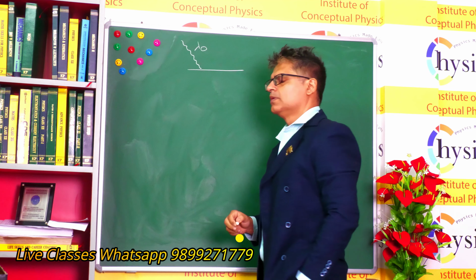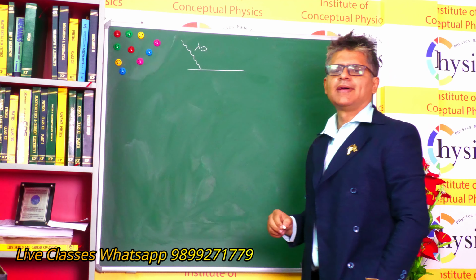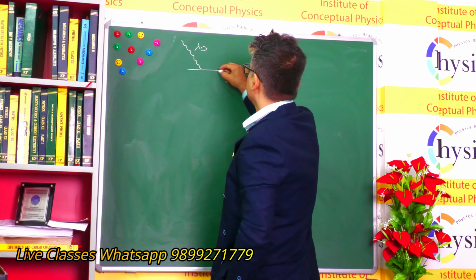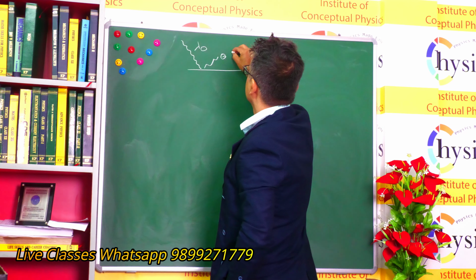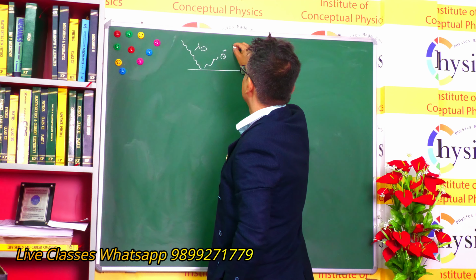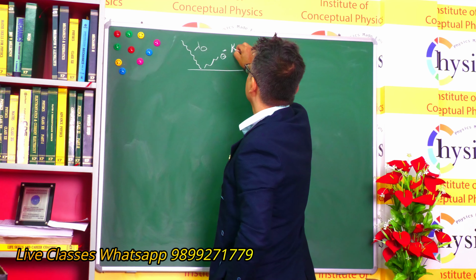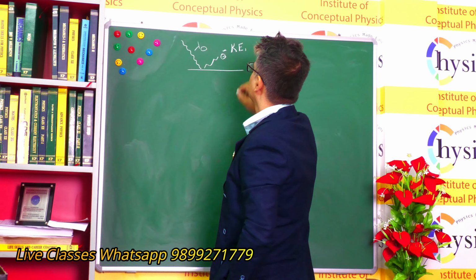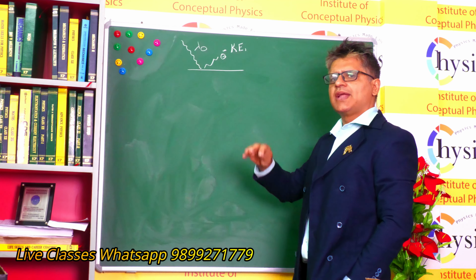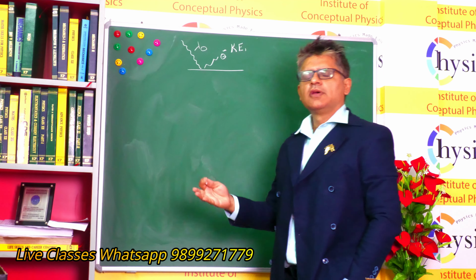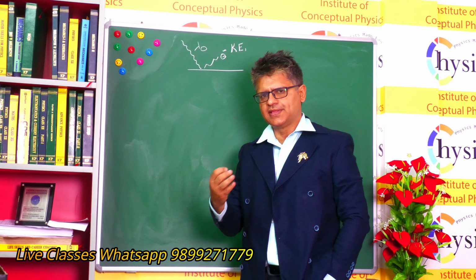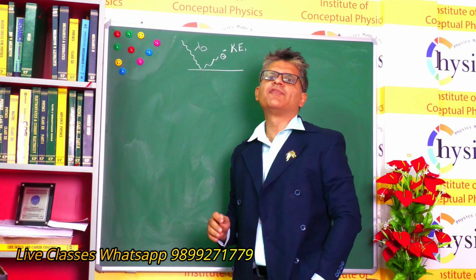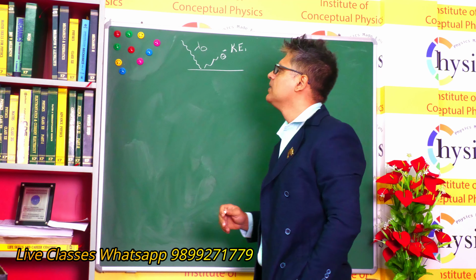It is observed that the kinetic energy of the electron which is emitted is, for example, given to be KE1. So the emission has taken place, which means the threshold frequency was there. So you had the minimum work function which was taken care of.